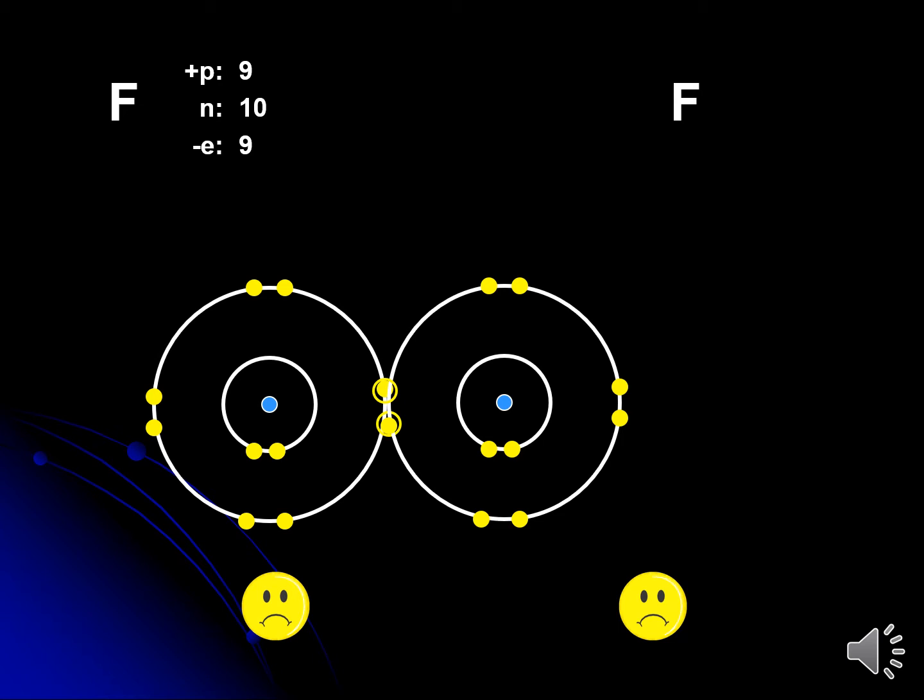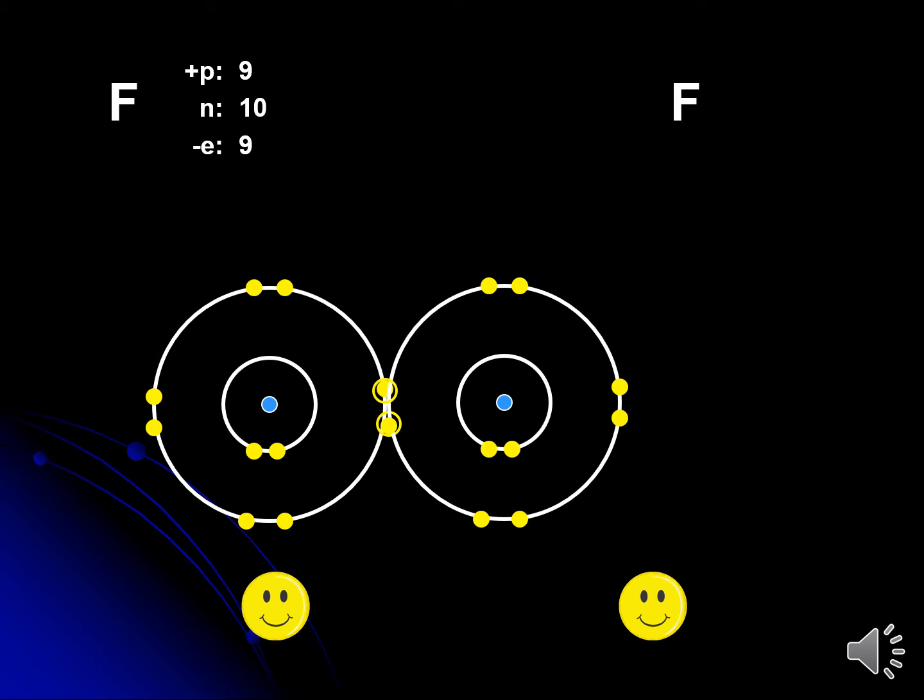So even though they both only had 7, together if they overlap and share, that's the key word, make sure you got that one in your notes, it shares a pair of electrons, then all of a sudden we've got 8 on the outside. So let's turn those frowny faces to happy faces. We now have 2 chemically stable fluorine atoms as long as they're overlapping and sharing a pair of electrons.